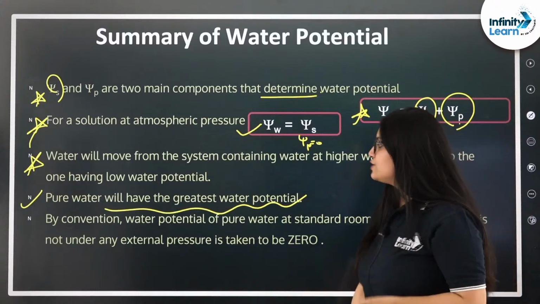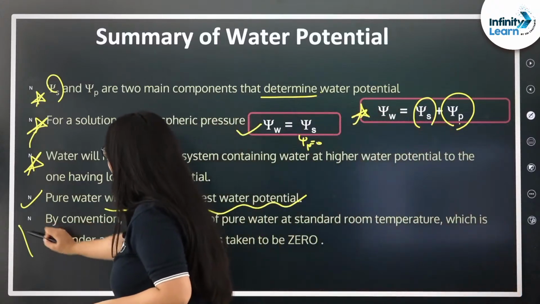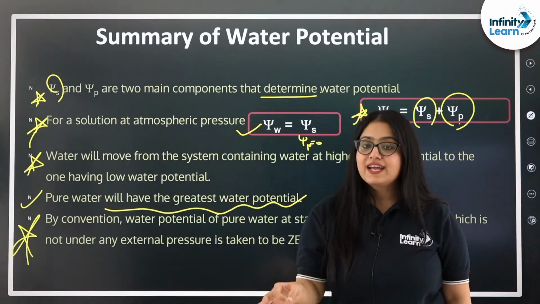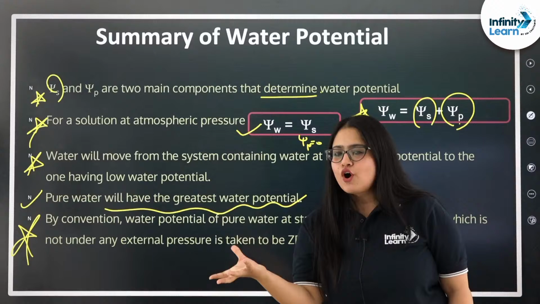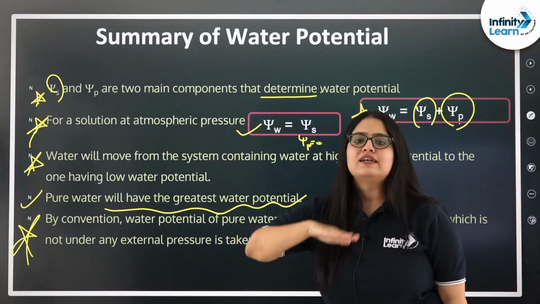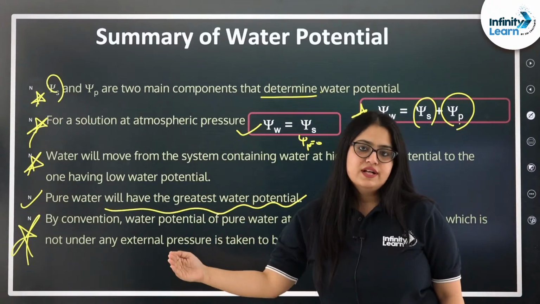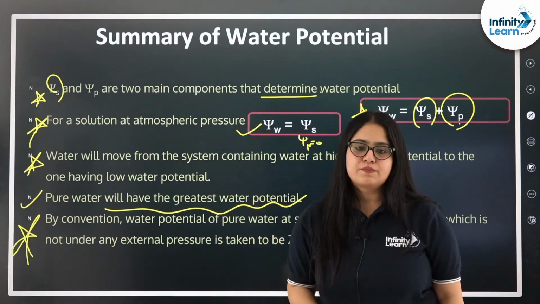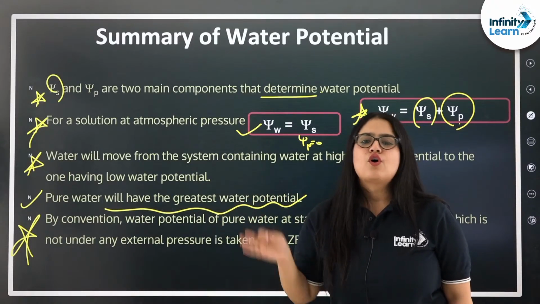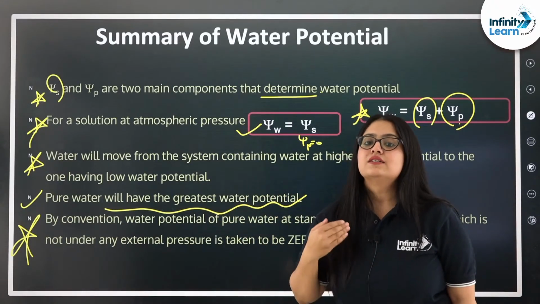And the last thing you need to understand is, by convention, by default, the pure water that is available at room temperature and is not under any external pressure, that means it is at atmospheric pressure, its water potential value is considered 0.